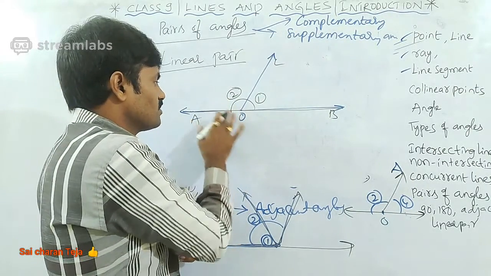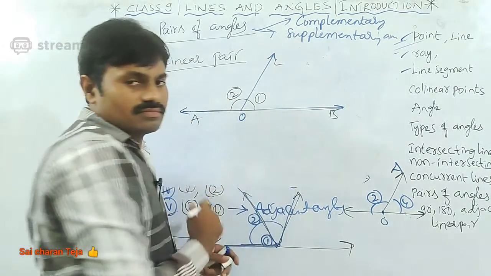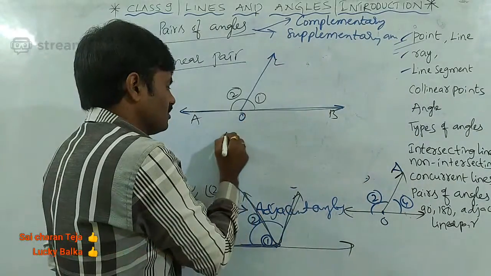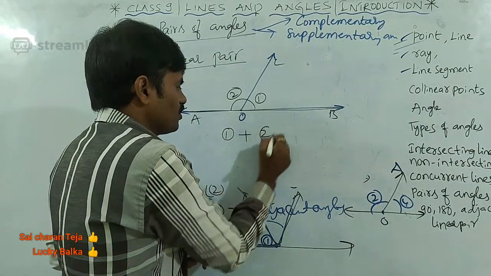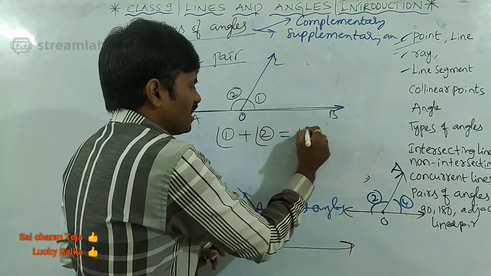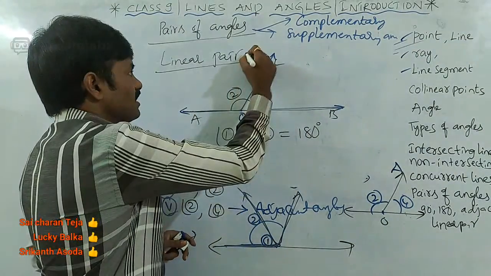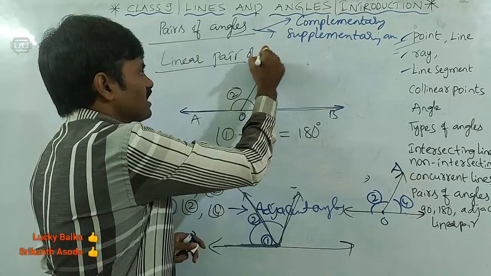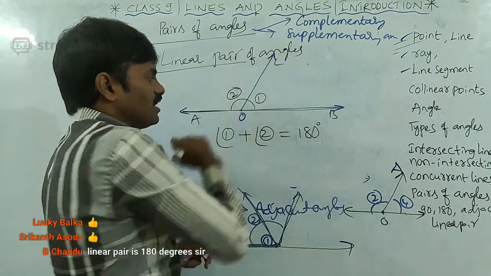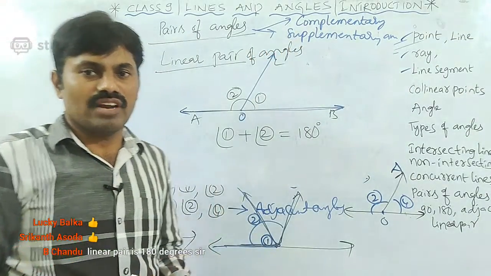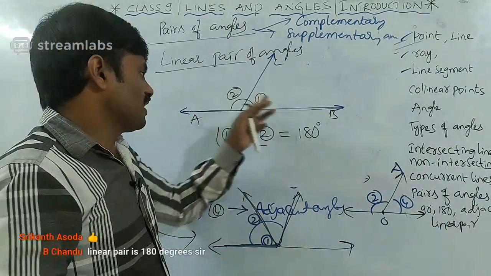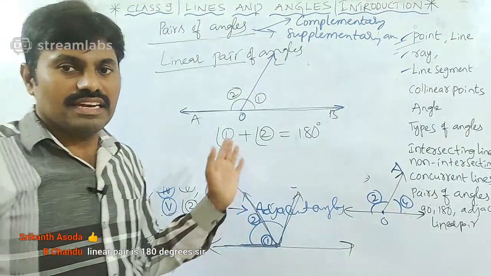Also, if you observe, these are forming a straight line, means they are forming a straight angle. So angle 1 plus angle 2 is how much here? 180 degrees. So we call this a linear pair of angles. They are forming a straight angle, 180 degrees. If the sum of these two angles is 180, then we call this a linear pair.